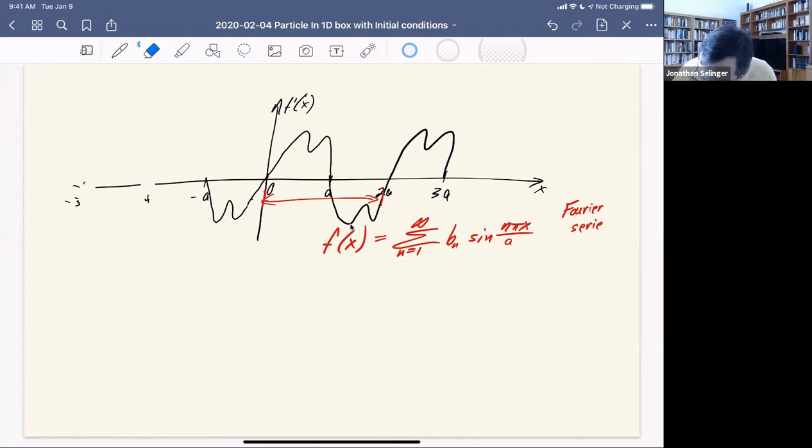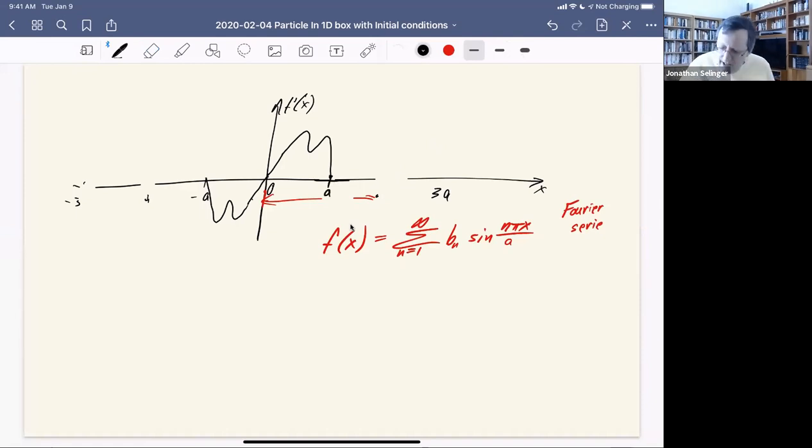I only have a domain that goes from negative a to a, like that. So now here is a non-periodic odd function on the domain from negative a to a.